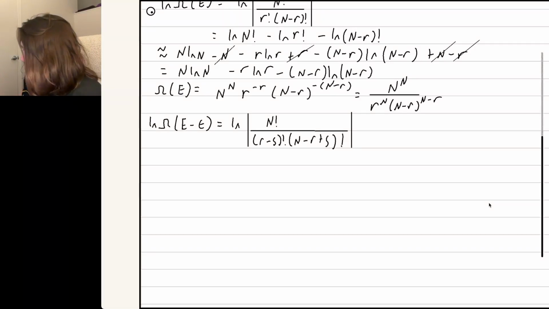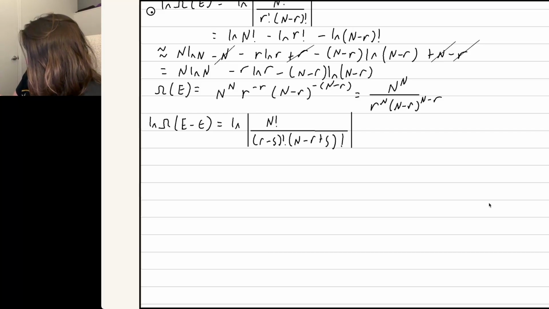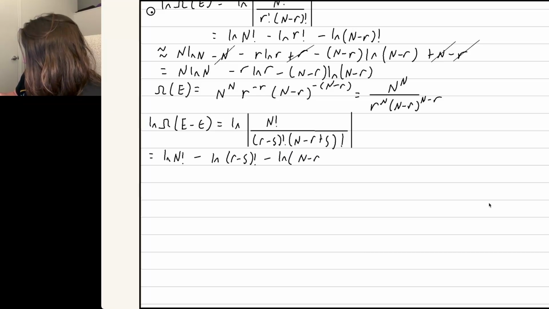So again, we're going to split this up and do Stirling approximation on each one individually. So it's going to be natural log of n factorial minus natural log of r minus s factorial minus natural log of n minus r plus s factorial.